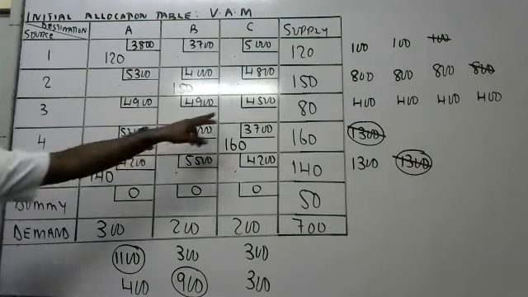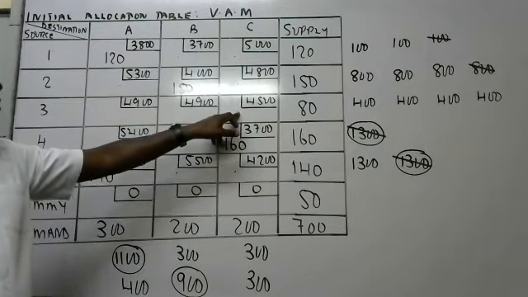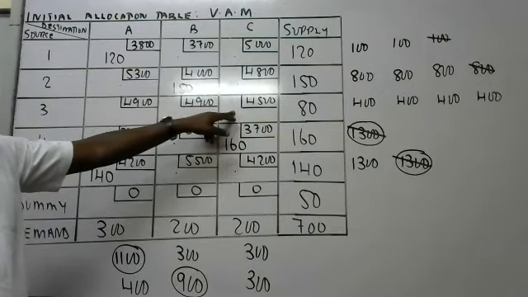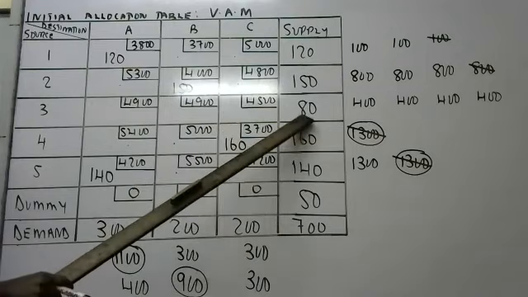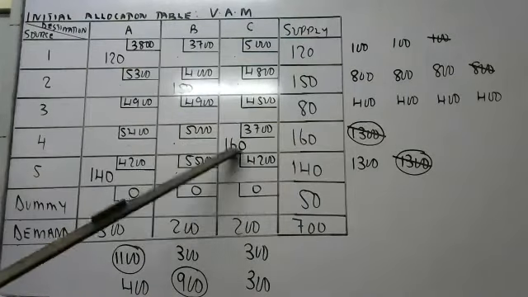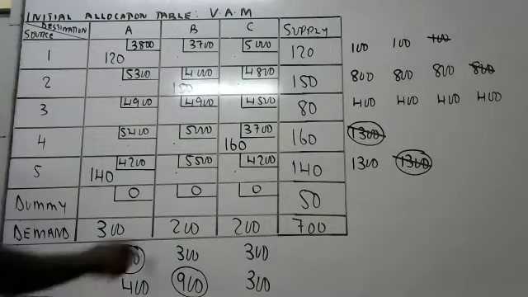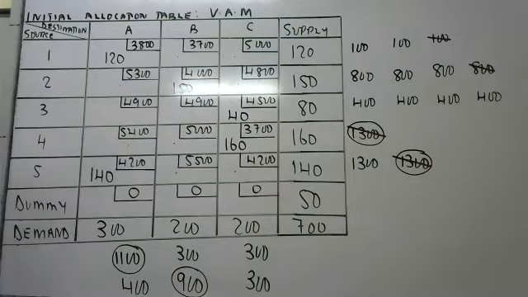So we will start with this one because it's the smallest. So when we get here, this one now can take, the available here is what? 80. And the unsatisfied here is what? 40. So we put 40 here. Then tumebakisha 40.